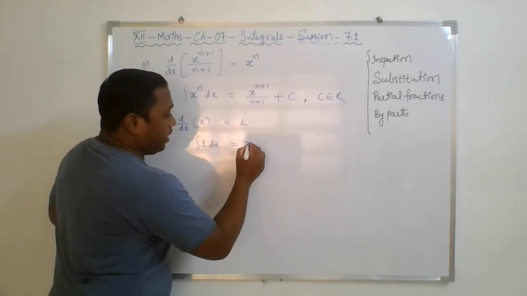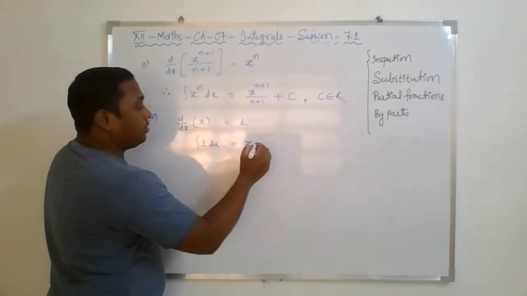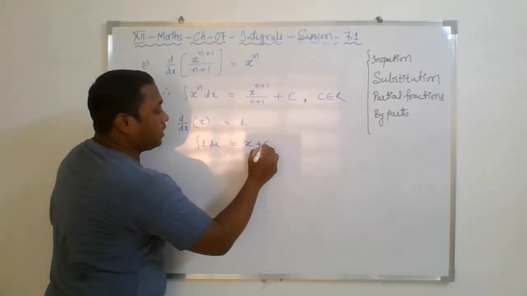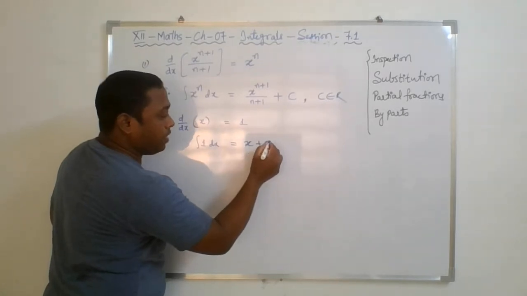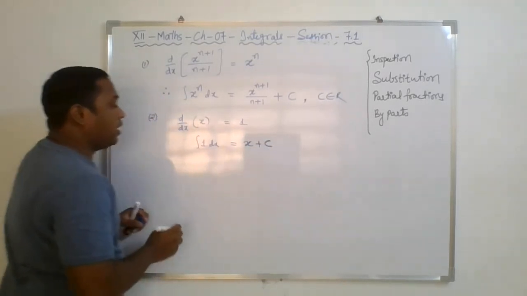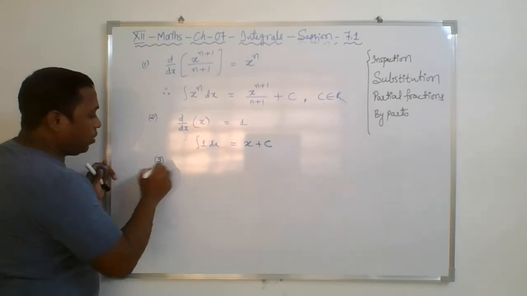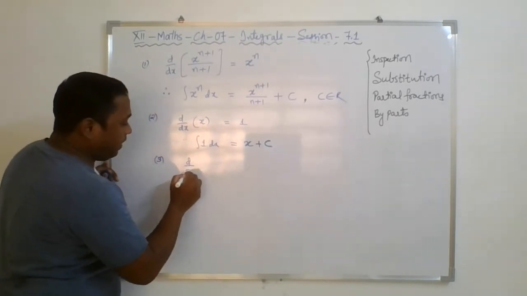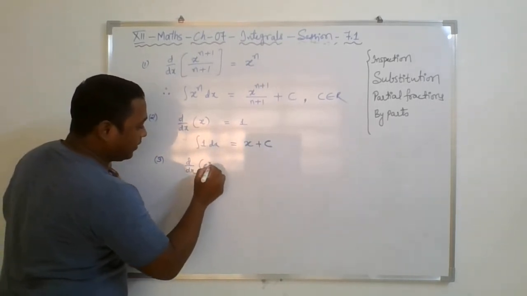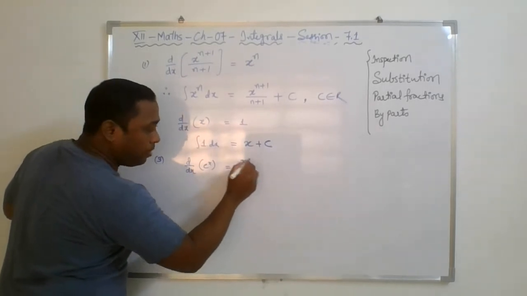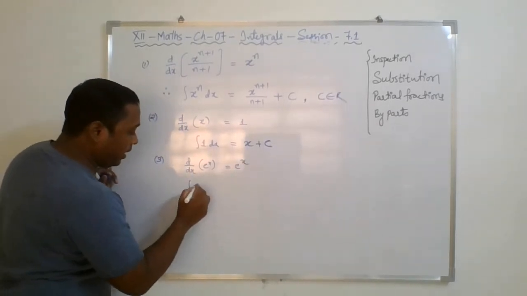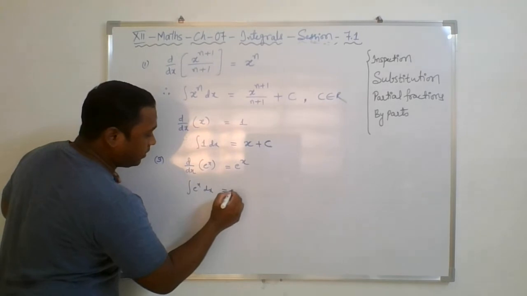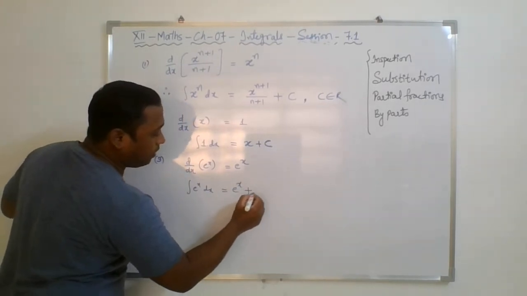But you are dealing with indefinite integrals, so it must have a constant c, and you know why we are adding this. In a similar manner, the derivative of e power x is e power x. So the integration of e power x dx will also give e power x plus c.